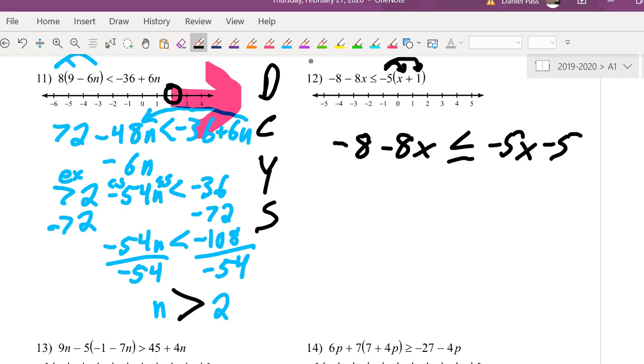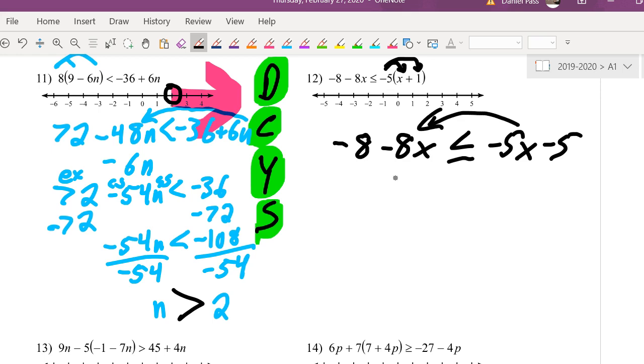You know this. I gave you lots of ways to remember it. First is D, next is C, next is Y, next is S. Okay, next is combining like terms, but there aren't any. So we use your my yard, throw it over the fence and change the sign, plus 5x. All right, now I don't want to mess up my negatives, so I'm going to show this. Negative 8, positive 5.